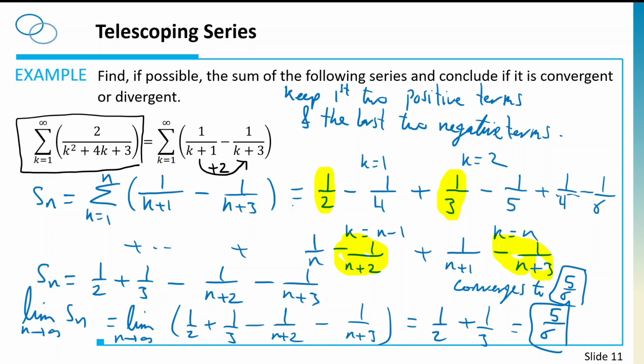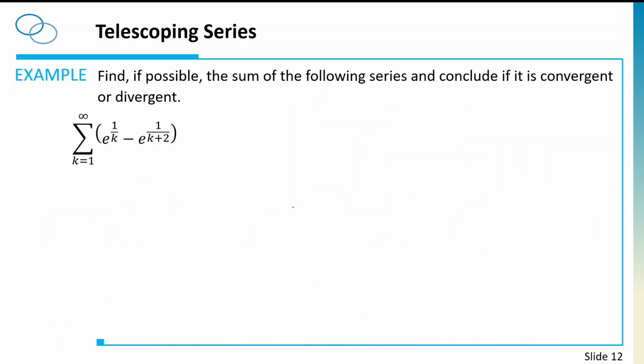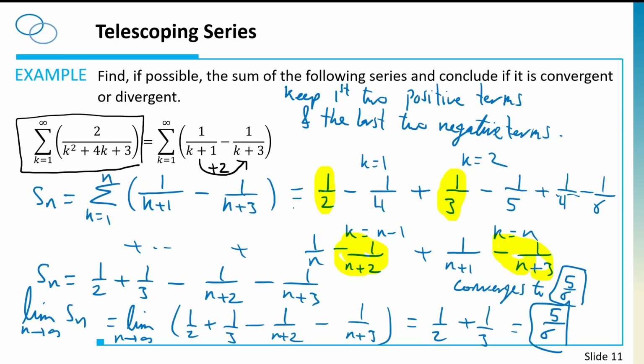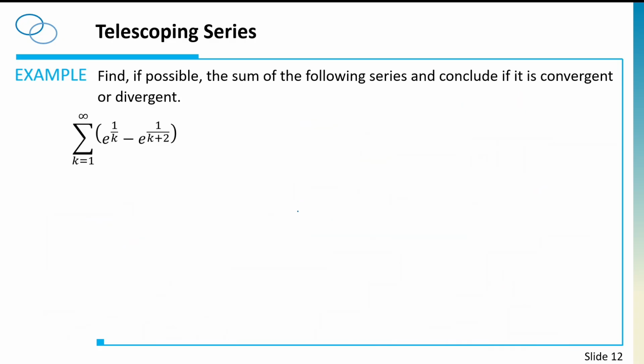Now, this is a different style. The first two examples were ones where you used partial fractions. Now this one is different. Still, I see a negative sign in between. How do I guess whether it is possible to be telescoping?